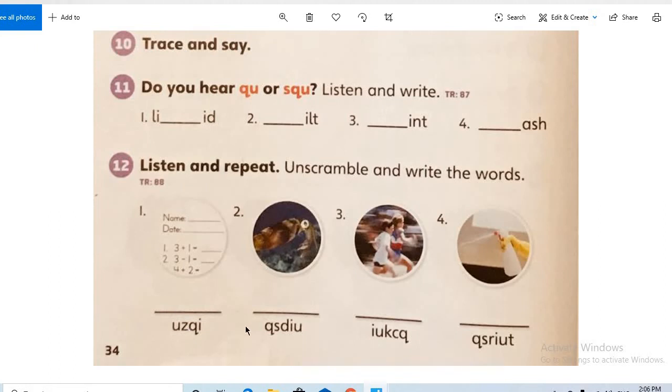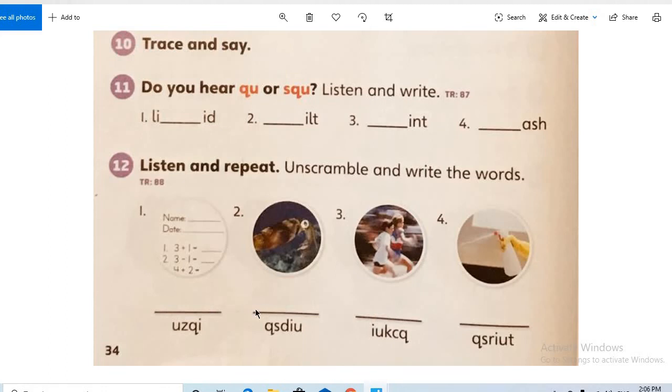And we have the squid. Squid is an animal that squirts liquid ink. And number 3, we have quick, like when you're running, please run quickly. Quick is spelled QUICK.